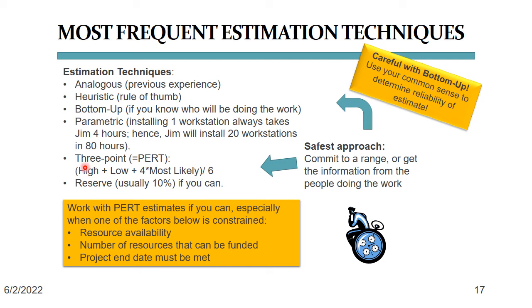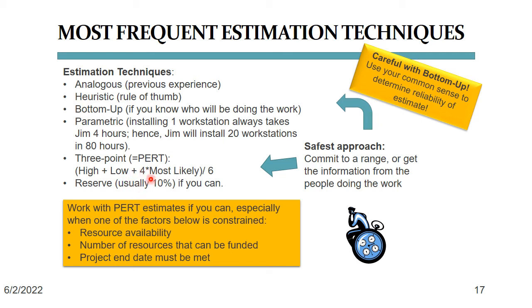The most pessimistic case, when everything goes wrong, here shown as the high estimate. The most optimistic case, where everything goes right, here shown as the low estimate. And then the most likely case given normal problems and opportunities.